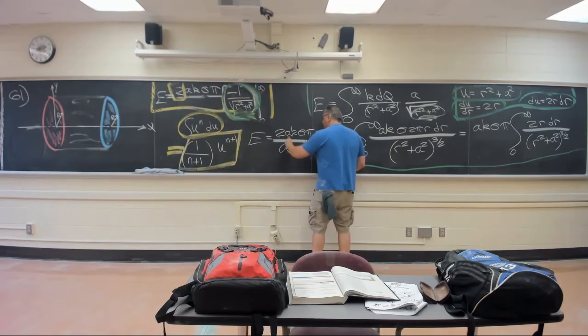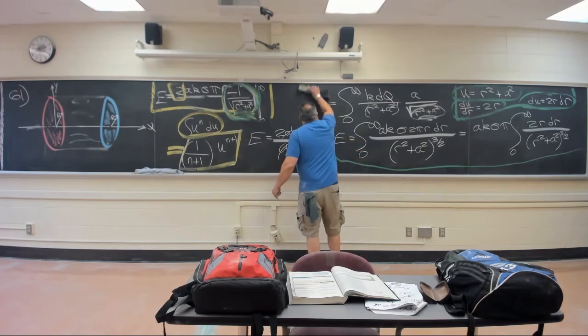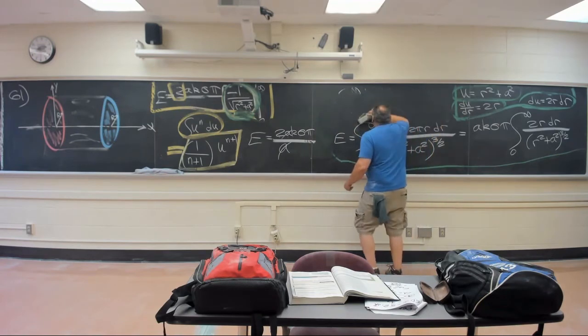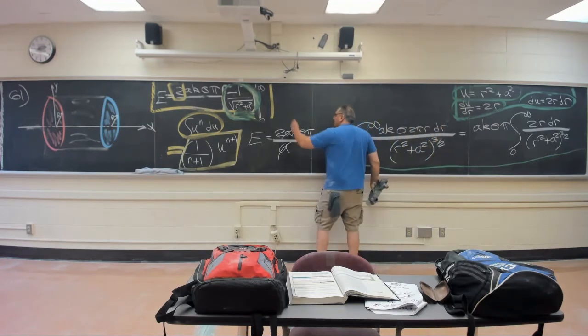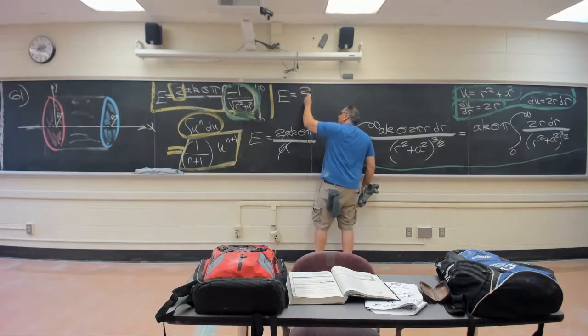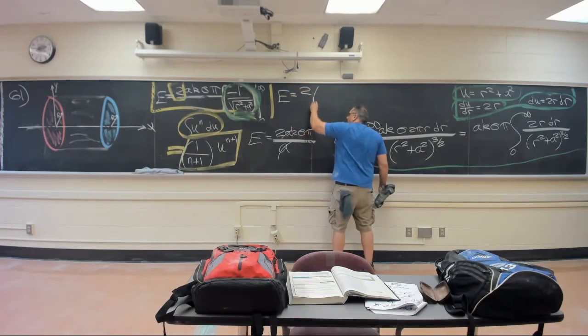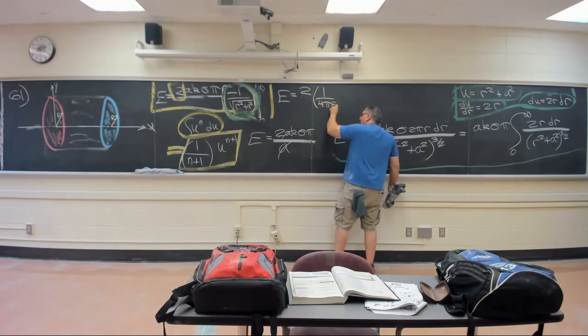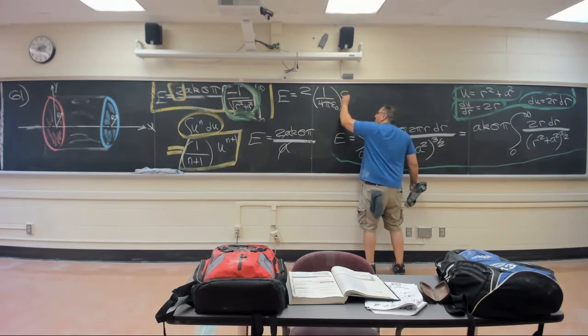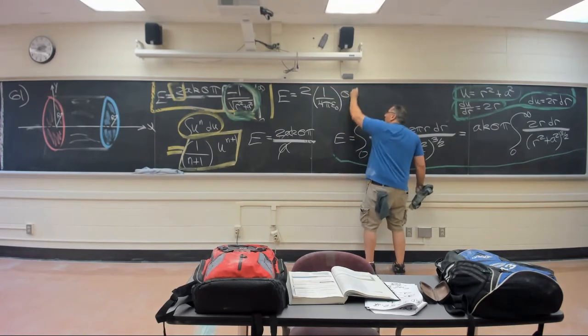Yeah, there's constants all over the place. The A cancels out. We got 2. We've got K, which is 1 over 4 pi epsilon naught. We've got sigma. And we got pi.